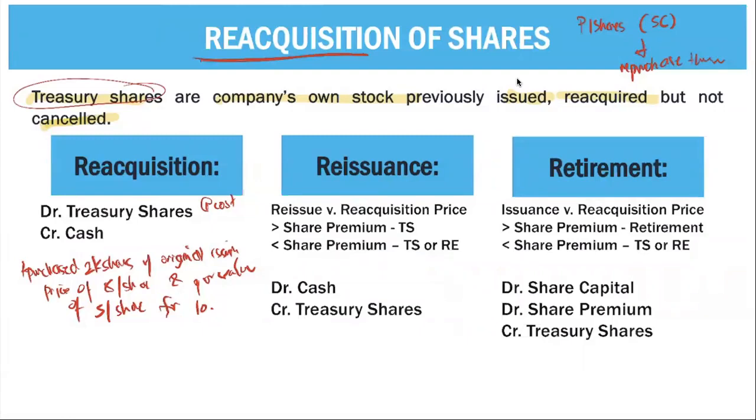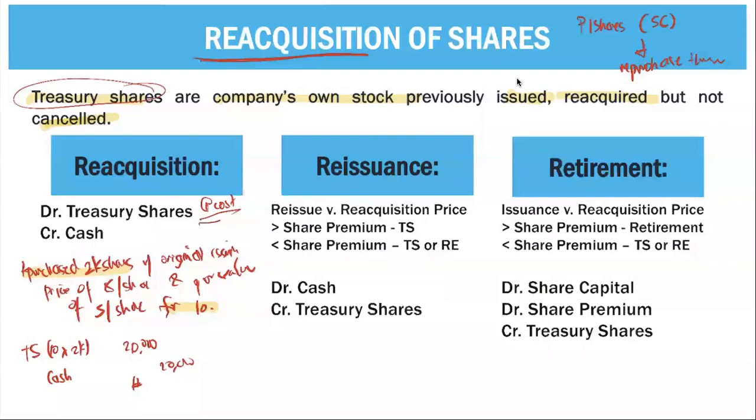Okay. So we should record it at cost. What is the cost of the repurchase or reacquisition? We repurchase 2,000 shares for 10 pesos. So we just debit treasury shares, we credit cash at the amount of our repurchase. So 10 pesos, the amount of consideration multiplied by shares, 20,000. Okay, that's how we will make our entry.